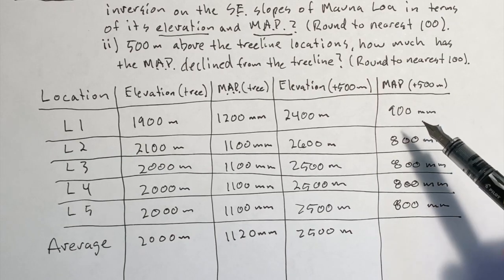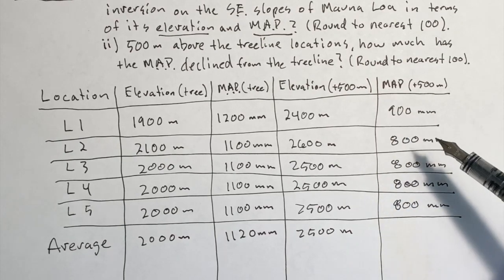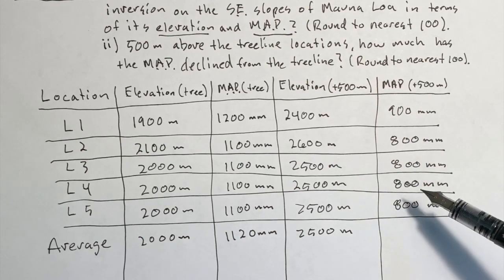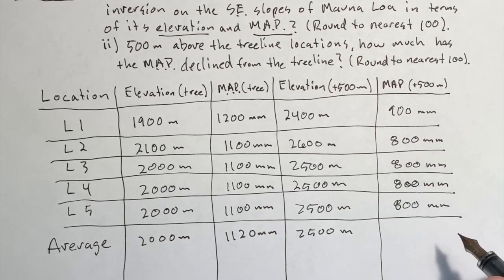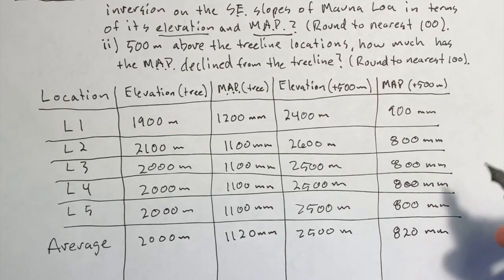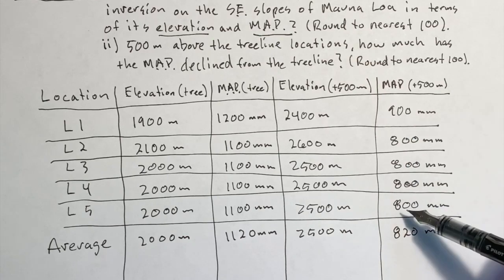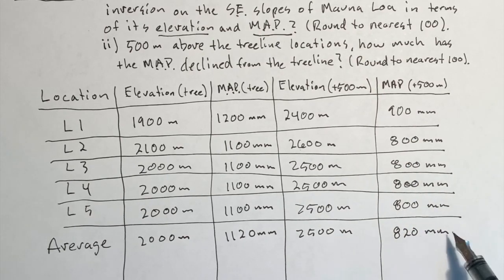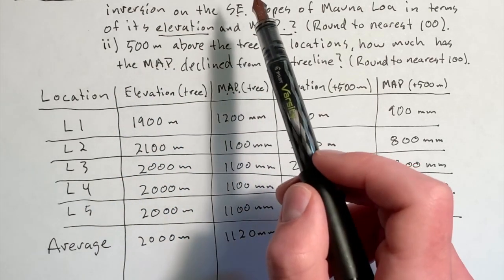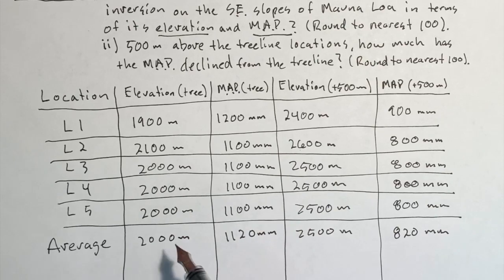And then finally, our average mean annual precipitation 500 meters above the tree line is going to be 820 millimeters. We got that by adding all these up and dividing by 5 to get 820 millimeters. So that's awesome. We've answered part 1. We know our mean for each of these.